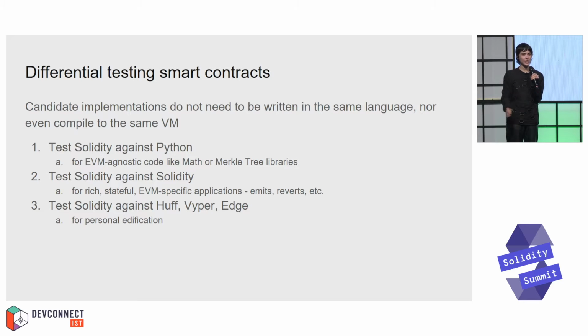You'll want to check richer things about the execution like emits, reverts, storage changes, etc. You could also use it to test Solidity against another smart contract language for fun, personal edification, and learning purposes.